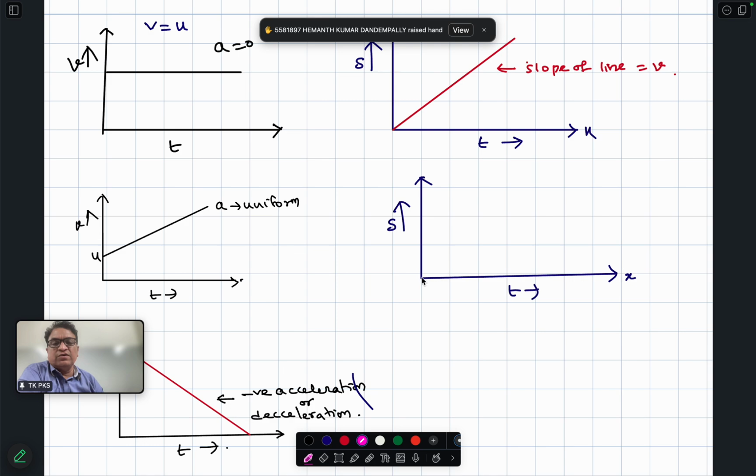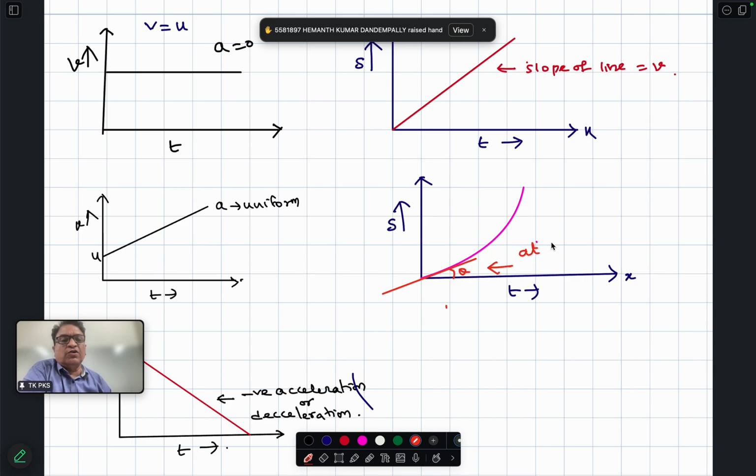Same as the first graph, only difference is that, remember here, the slope initially is not 0.